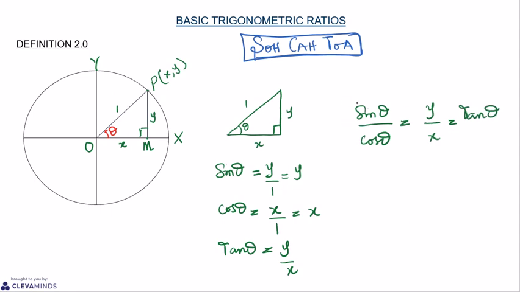So this is an identity. It's important to note that this is a trigonometric identity. Sine theta over cos theta will give us tan theta. Right? Good. So this is another way of explaining the basic trigonometric ratios using SOHCAHTOA.